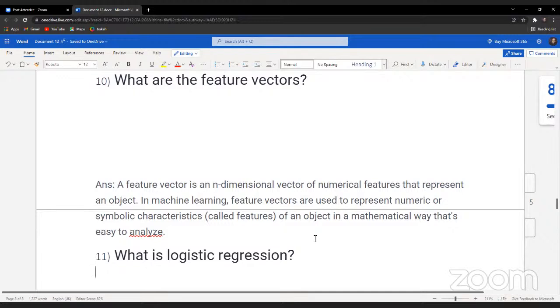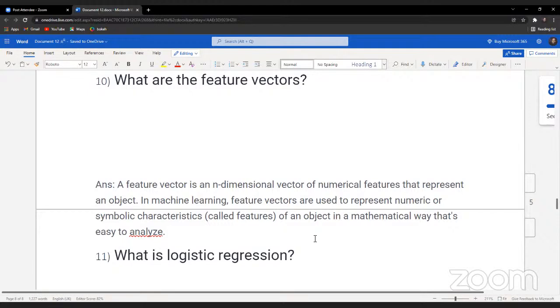To analyze a huge amount of data with many variables, we use feature vectors. They convert data directly into an object in a mathematical form, which is very easy for us to analyze.